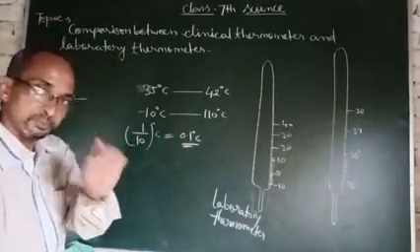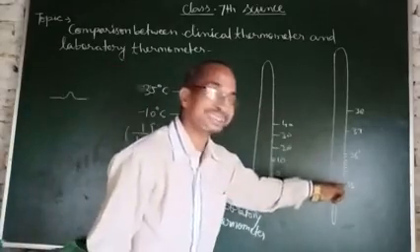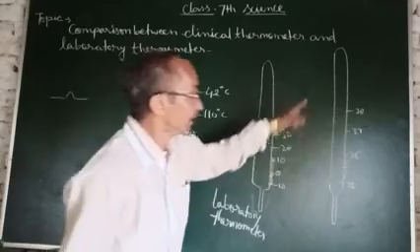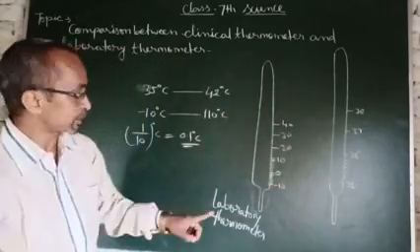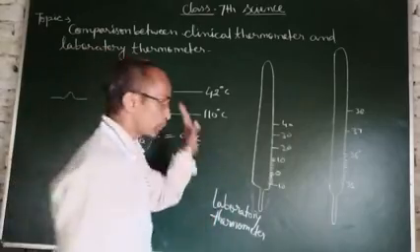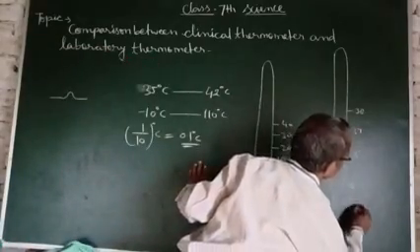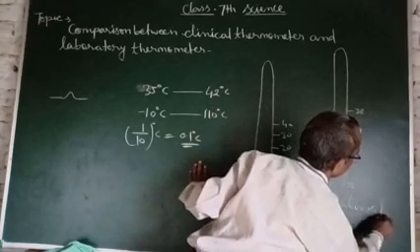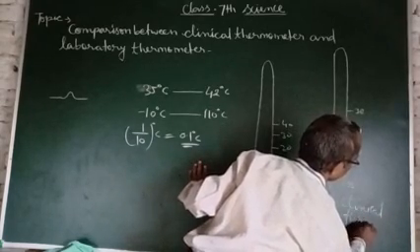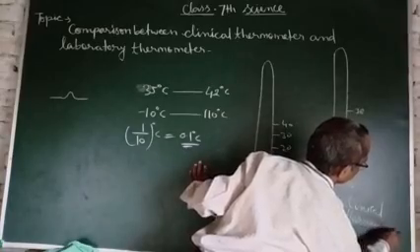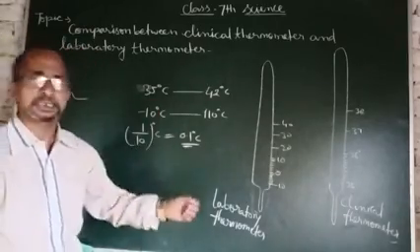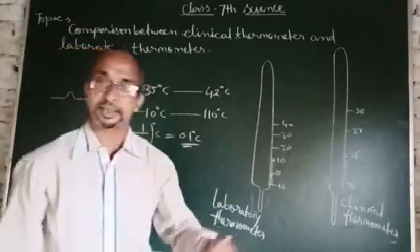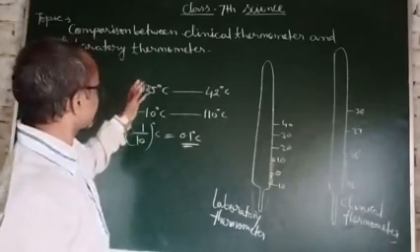Accurately, we can find 0.1 degree Celsius temperature by the clinical thermometer, and 1 degree Celsius temperature we can measure by the laboratory thermometer. These are the differences and similarity between the clinical thermometer and laboratory thermometer.